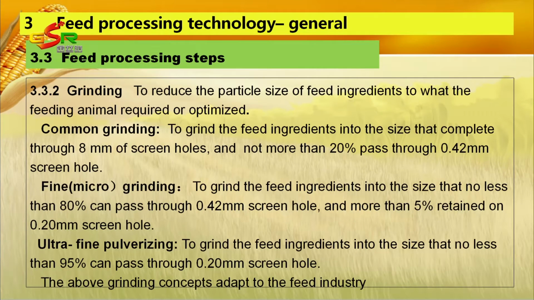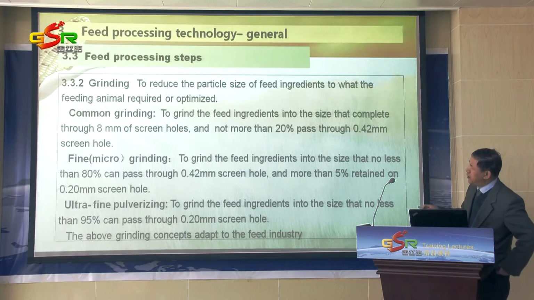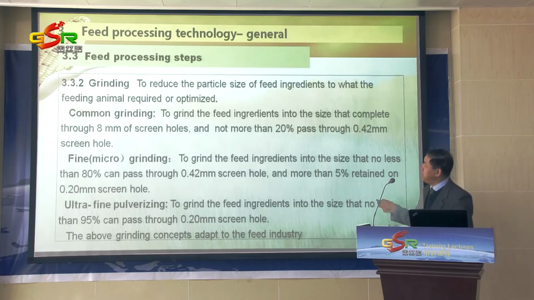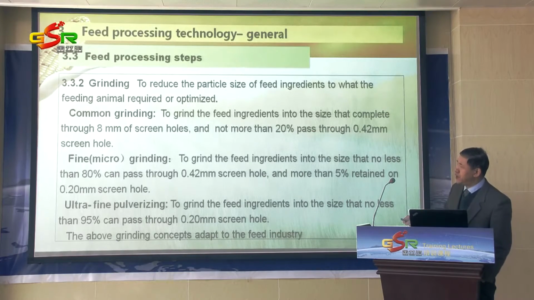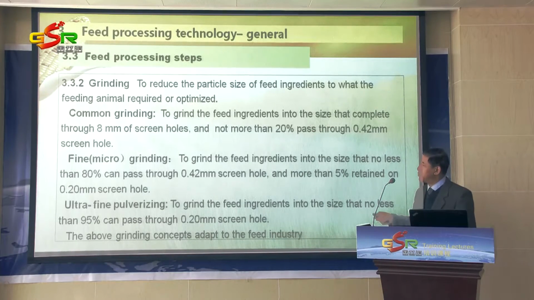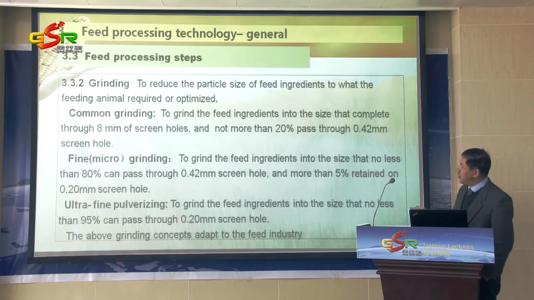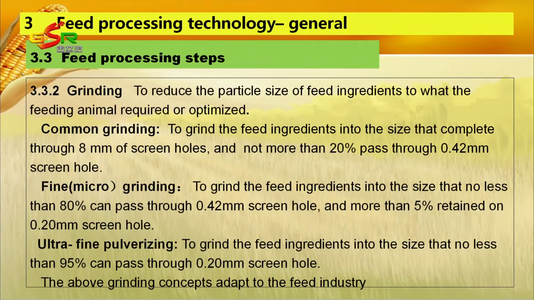The common grinding is to grind the feed ingredients into a size that completely passes through 8 millimeter screen holes and not more than 20% passes through 0.42 millimeter screen holes. This is the common grinding used for livestock and poultry.